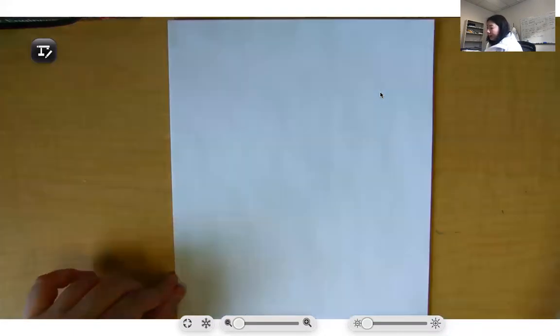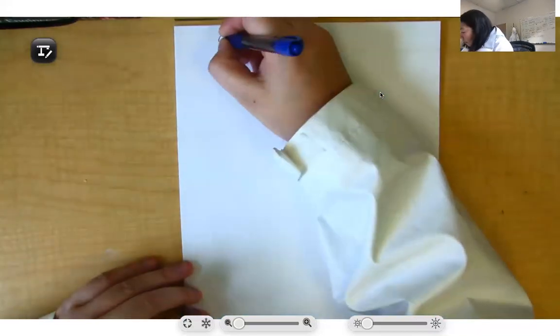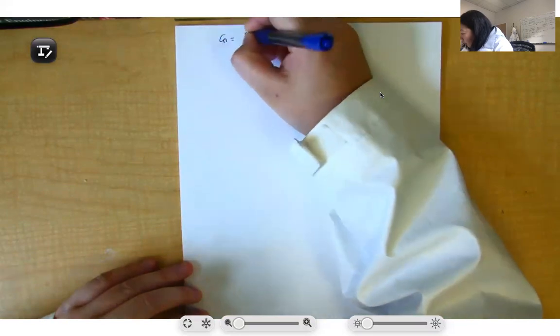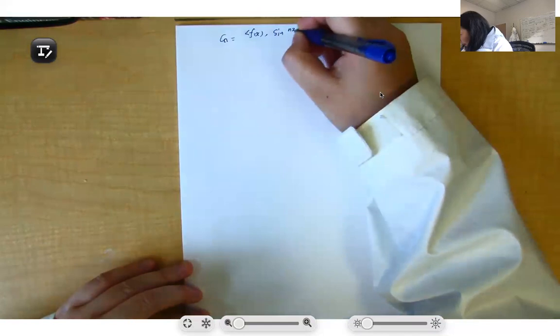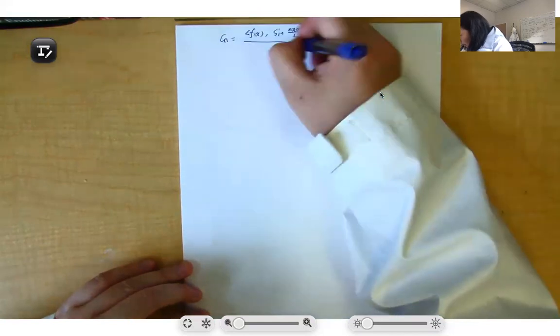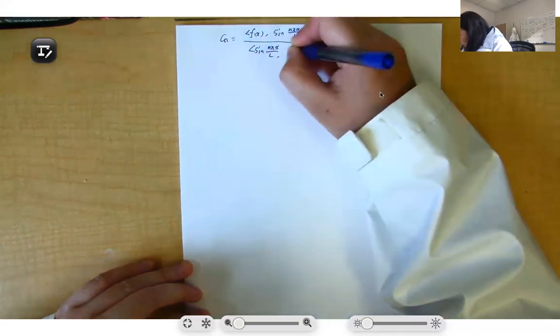Then the next step is to use our already known parameters. So we have c_n equal to the inner product of f(x) and sin(nπx/L), divided by the inner product of sin(nπx/L) with sin(nπx/L).